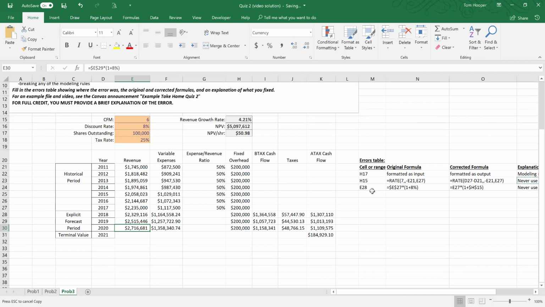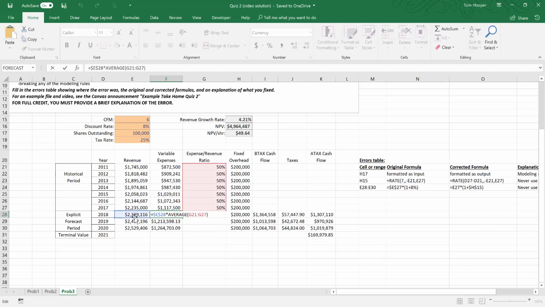And that formula continues into the range. So I'll list it this way, copy the formula down. Okay, next our variable expenses are revenue times the average of historical ratio.